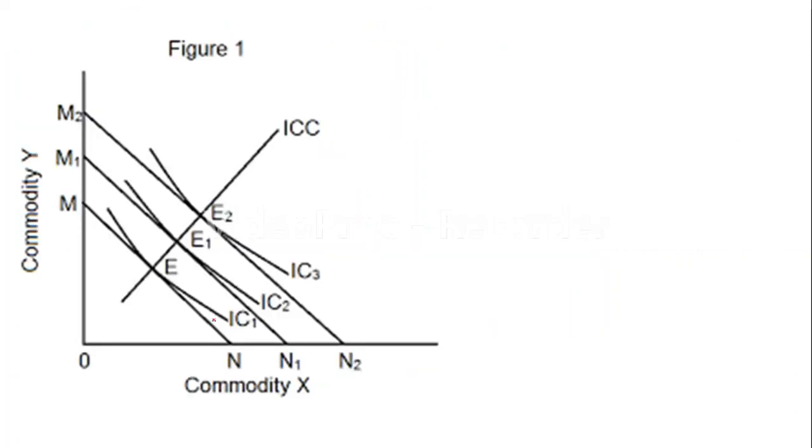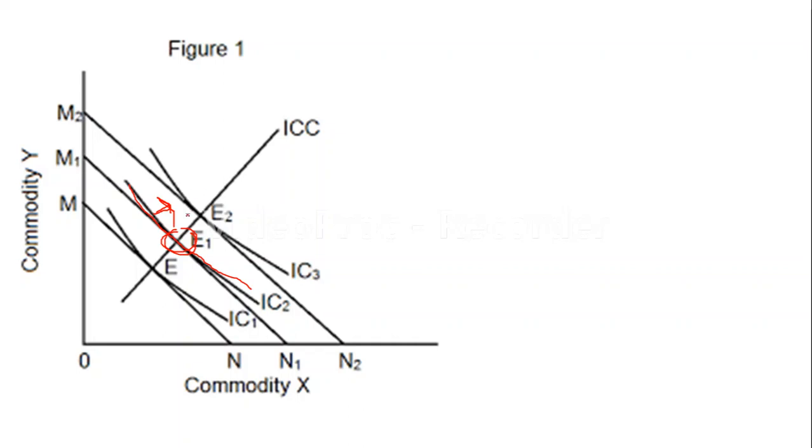So here if you see, for example, E1 is the initial equilibrium point because budget line is tangent to the IC2. So it is equilibrium point here. If consumer's income increases, his budget line will shift to M2 N2. Initially budget line was M1 N1, but now due to increase in the income, budget line will shift to M2 N2.